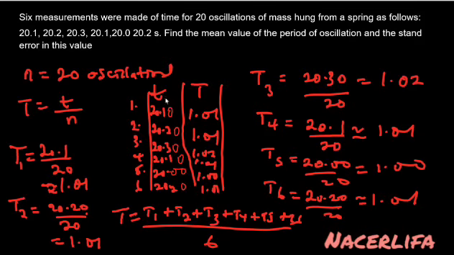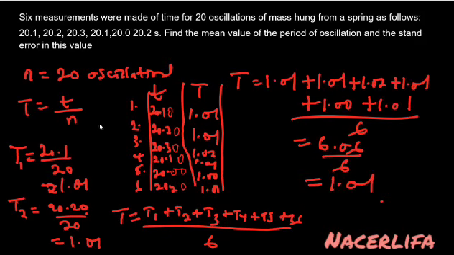So to find the mean value now, we use this. If you find the mean for T1, T2, T3, T4, T5, T6, you have it as 1.10. So this is the mean value of the period of oscillation.